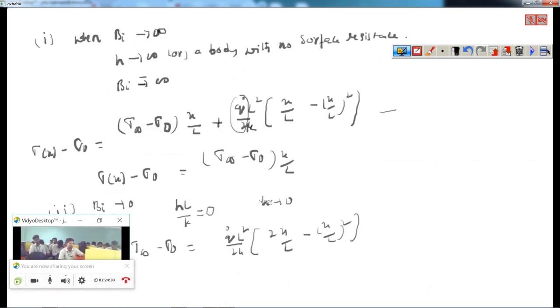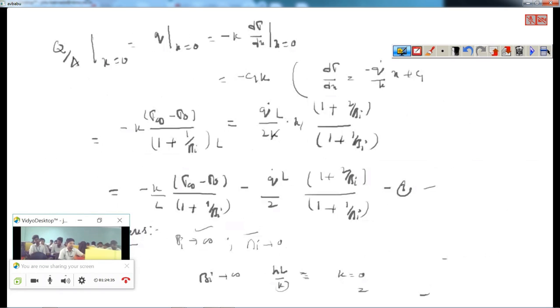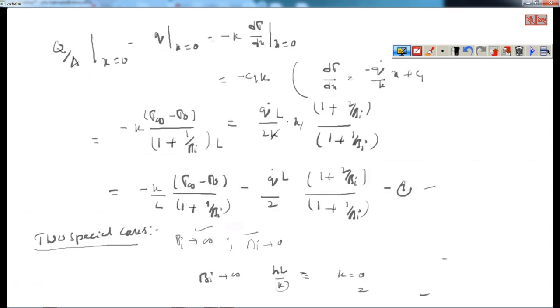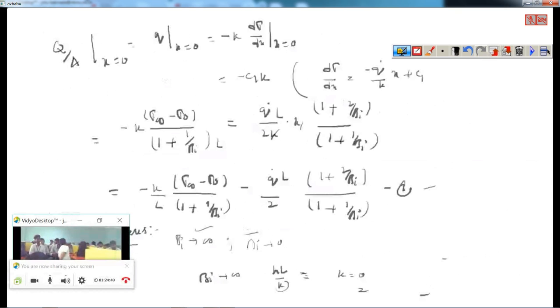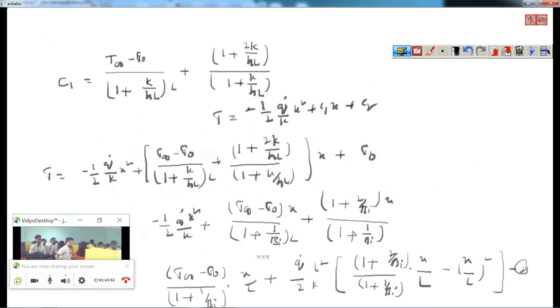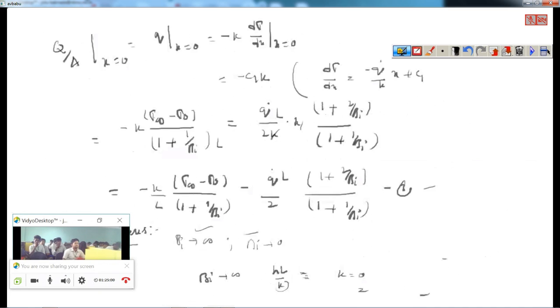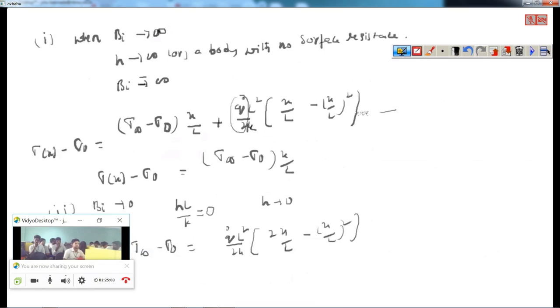Now the next equation, Q dot L by, this is also 1 plus 2 by Biot number. Biot number is equal to 0, and here 1 plus 1 by Biot number is equal to 0. This is equal to x by L and x by L square. You can check it here. This becomes this form, okay?